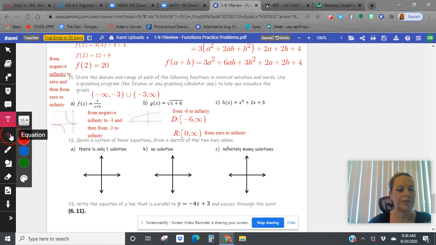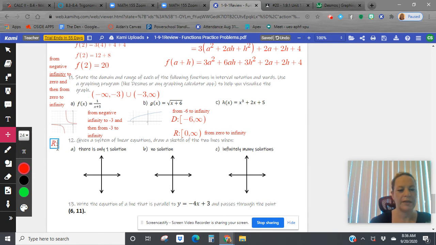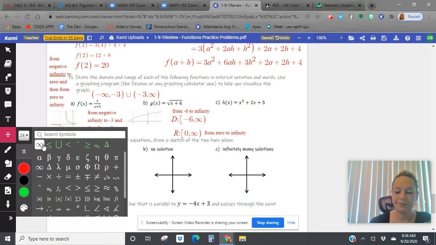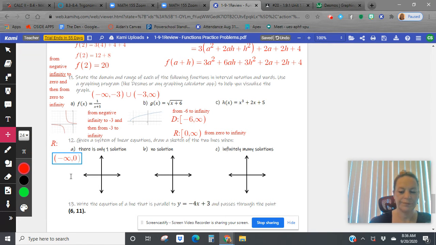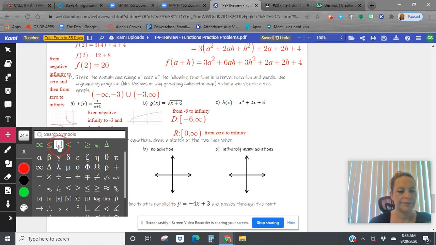And so that range could be written as -infinity to 0, U for union, 0 to infinity.